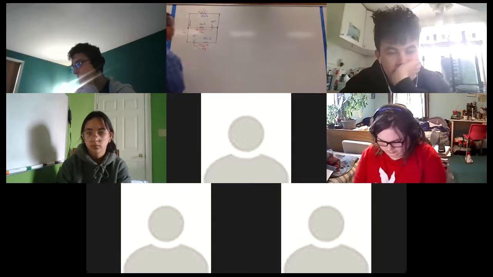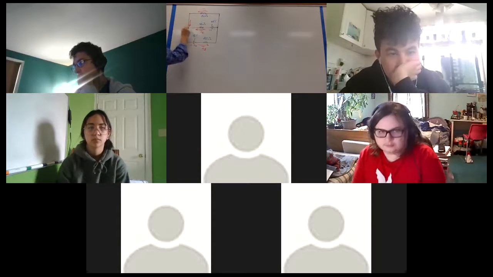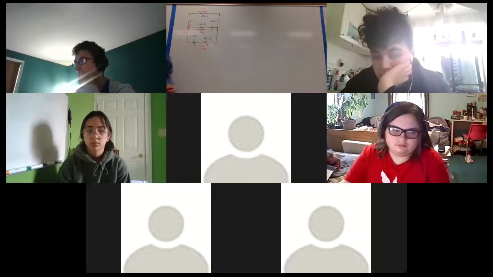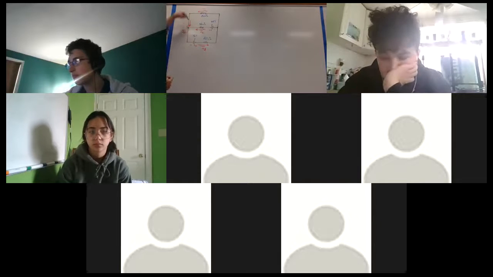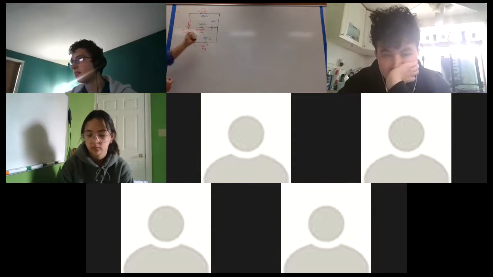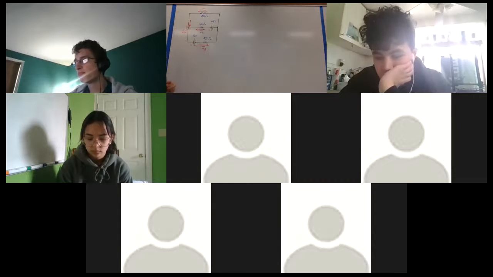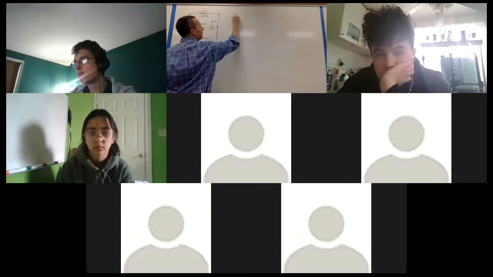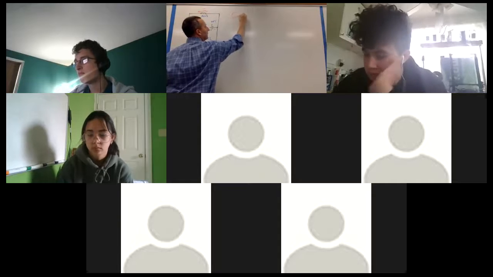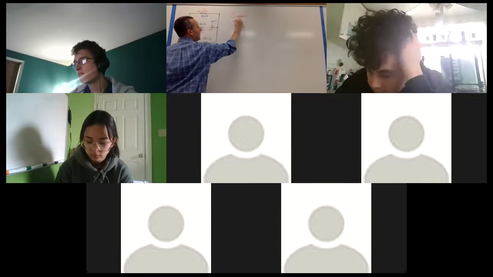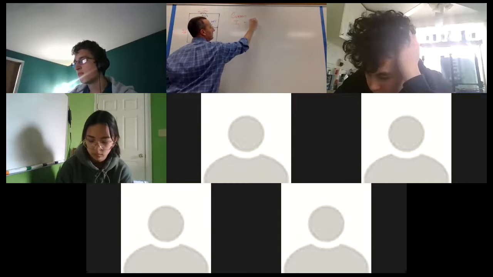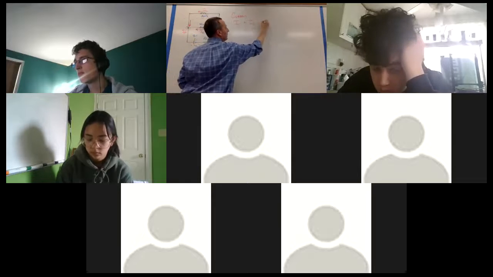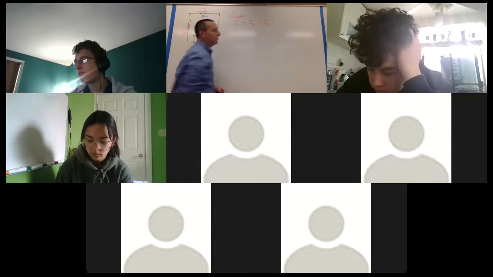So I'm going to look at this junction point right here. In terms of current, I have I1 going in, I2 going in, and I3 coming out. So in terms of current, I'm going to say I1 plus I2 equals I3.